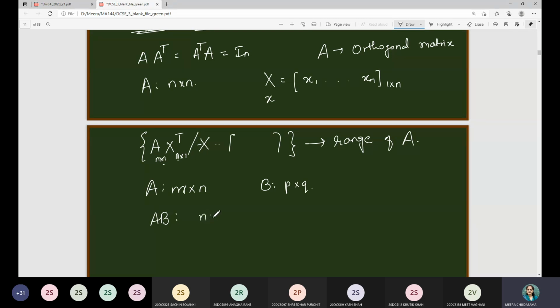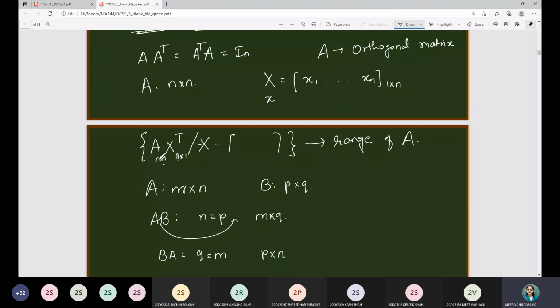When n is equal to p, and in that case the resultant matrix will be of order m cross q. Similarly, BA will be possible only when q is equal to m, and in that case the resultant matrix will be of order p cross n, right?